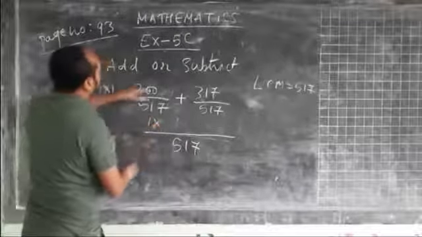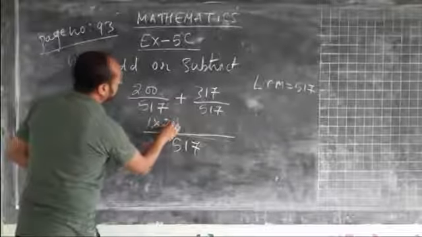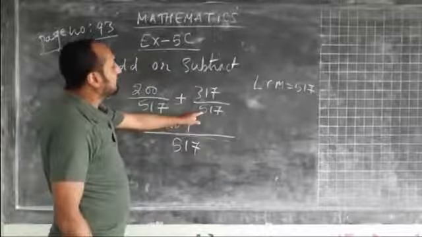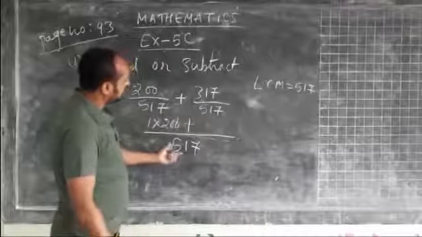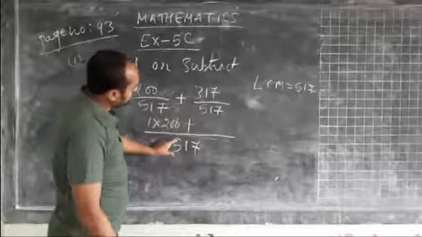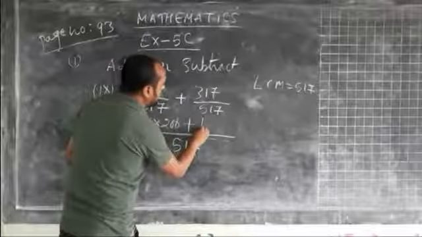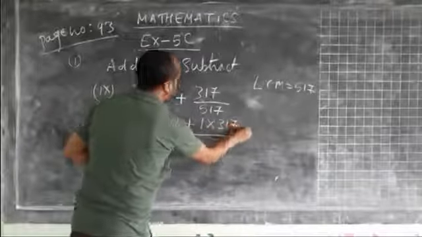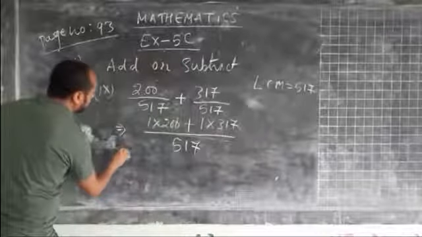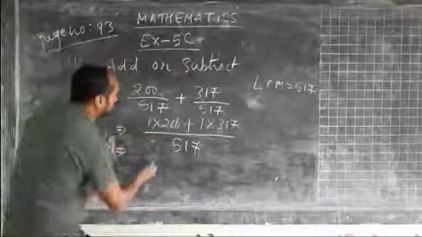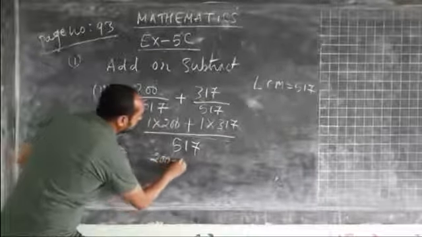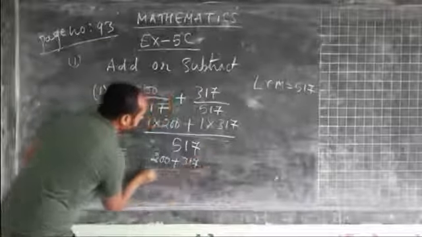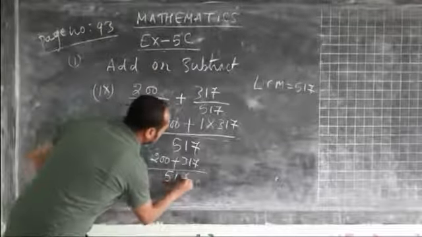1 into whatever we have in the numerator, that is 200, we will write there, plus 517 divided again, we have to divide this one by this 517. So it will go 1 time into 317. So next step we have 1 into 200, we have 200 plus 317 divided by 517.